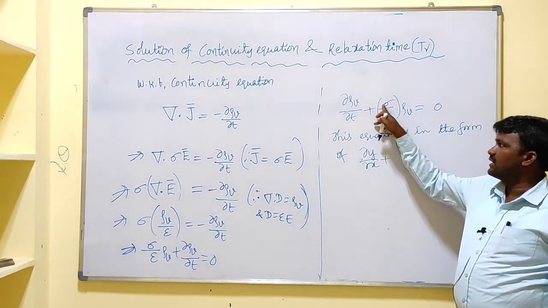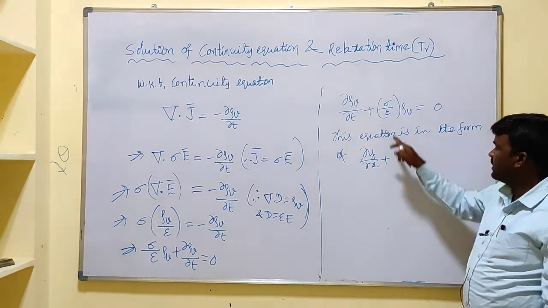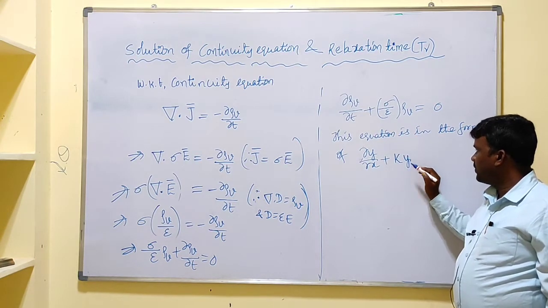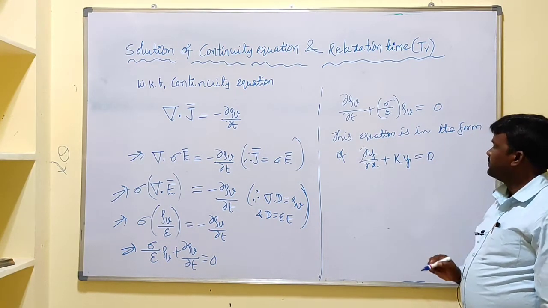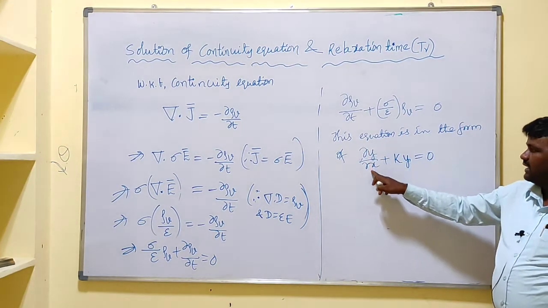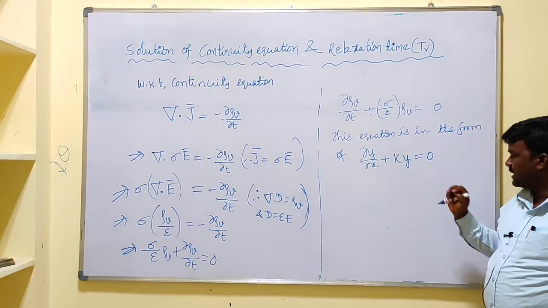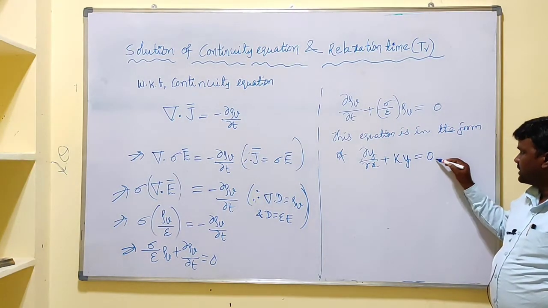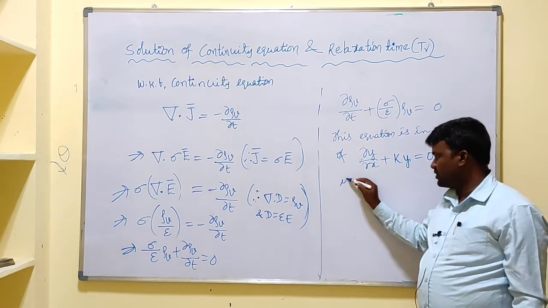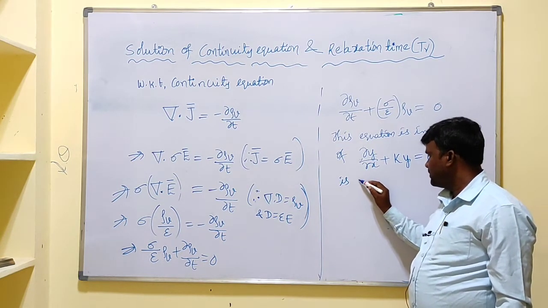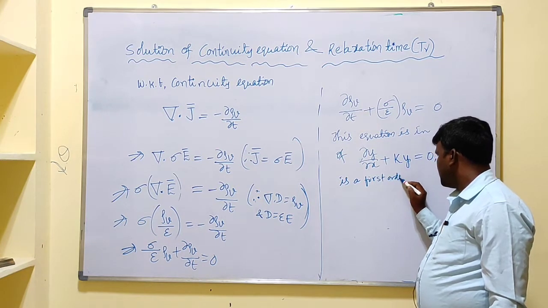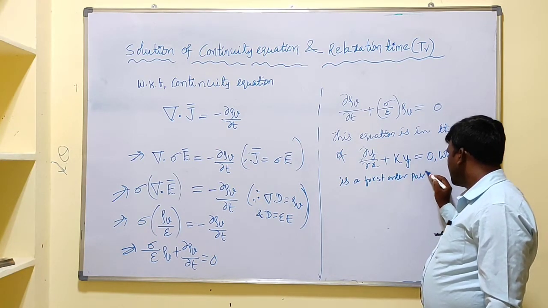For the given medium, sigma is constant and epsilon is also constant, so we can treat sigma by epsilon as a constant k. This is a first order partial differential equation.